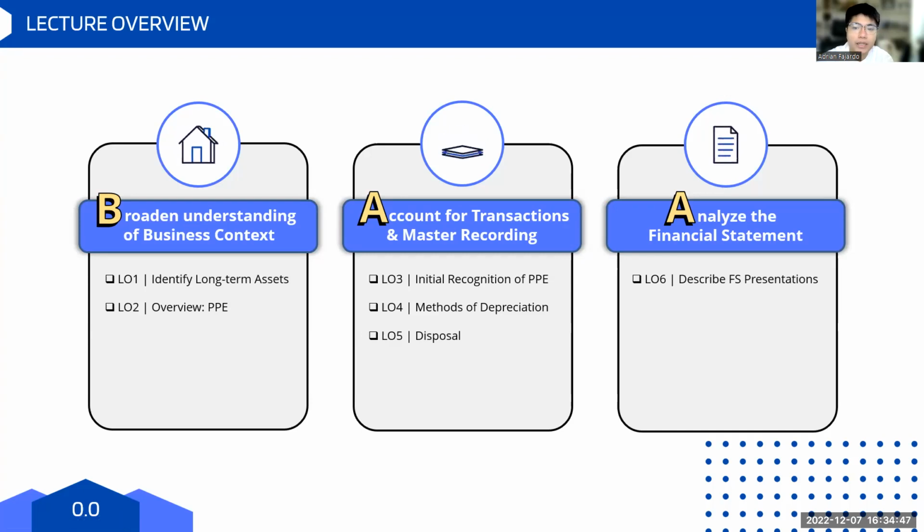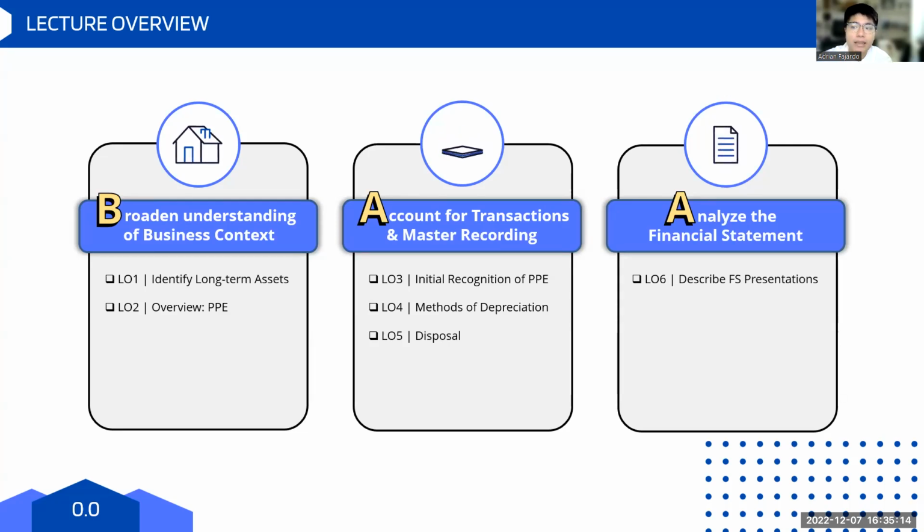In learning objective one, we have to understand what the different assets under long-term assets are, since PPE is just one major chunk. From there, we want to take an overview of what PPE is, what its characteristics are, and what accounting for it looks like. Then we're going to take a deep dive on how to properly account for it. This is actually the chunk of today's presentation.